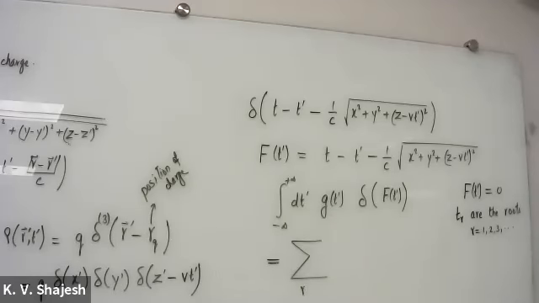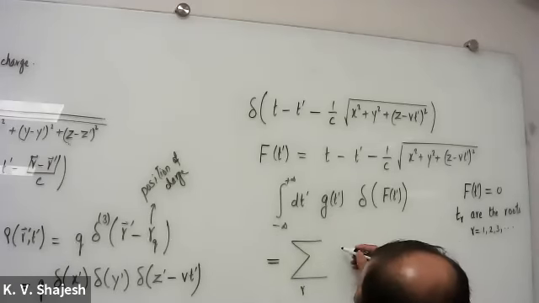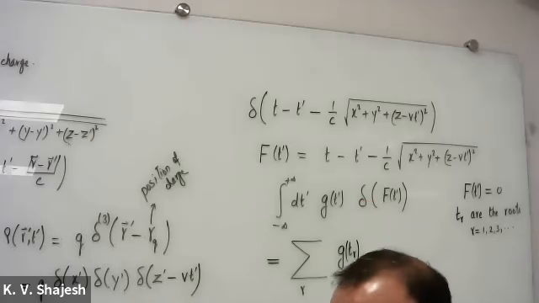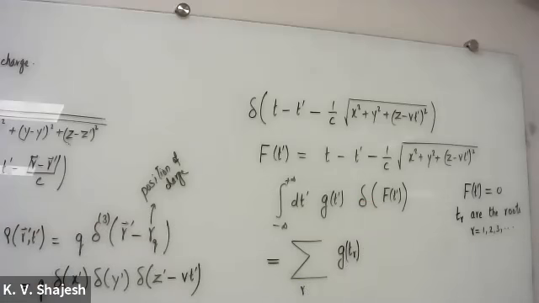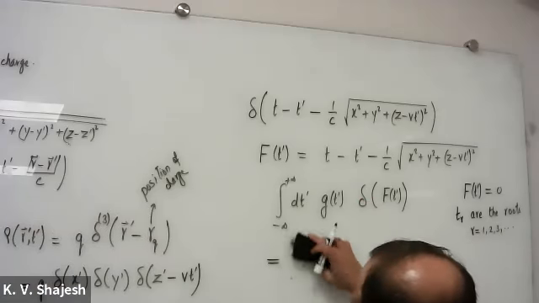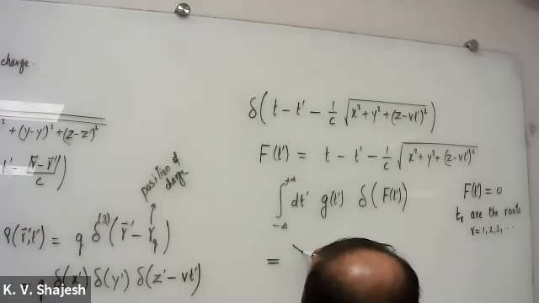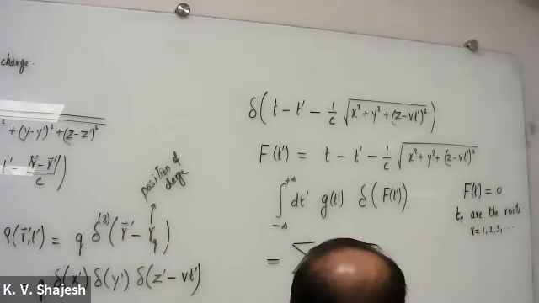Evaluate this at t_r. That's what a normal delta function does, right? You evaluate it at that function. Or actually, let me write this in this form. Yes, the summation is there, sorry. So this is t_r.